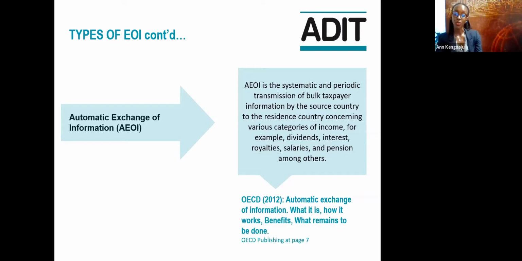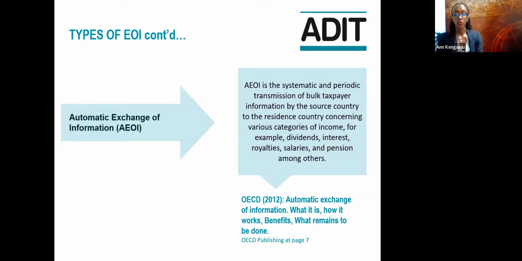So let's move on to automatic exchange of information. Automatic exchange of information is where financial institutions share information regarding taxpayers with the revenue authorities, who then share the information with the other jurisdictions with whom they have agreements to do the automatic exchange of information.